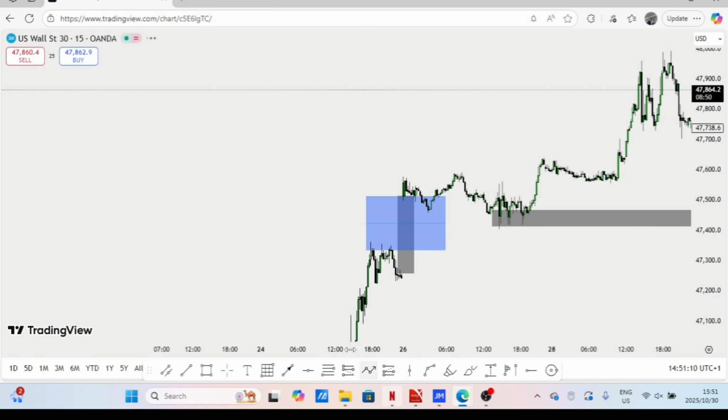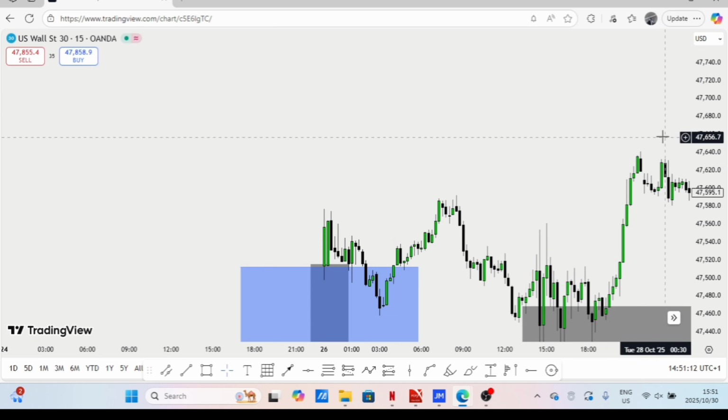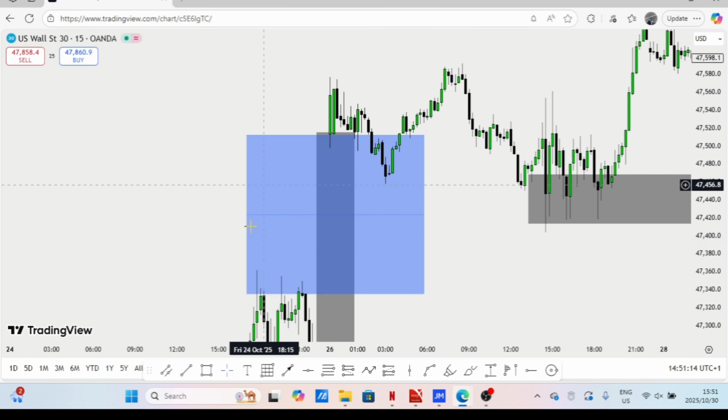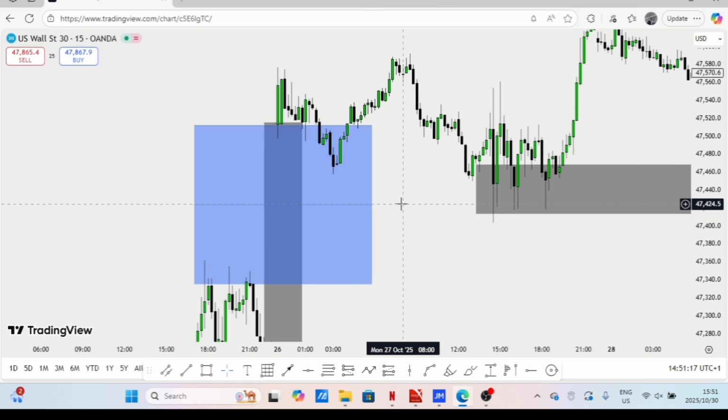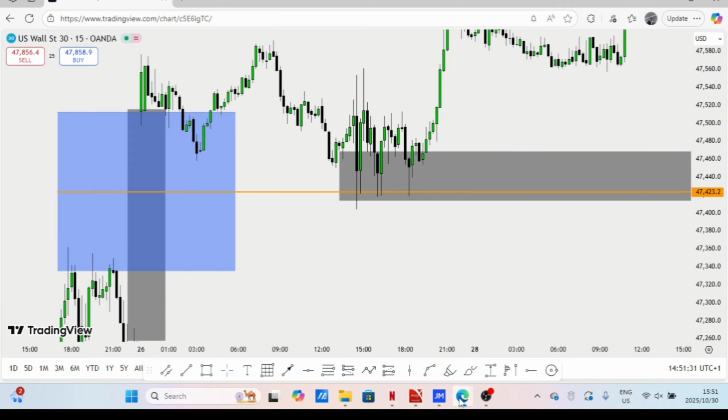As you can see, the market already filled up this gap up to its 50%. The 50% mitigation was right over here. Some people prefer to enter the market on the fair value gaps, right over here at 50%, but I prefer something more solid, something more accurate, like supply and demand.